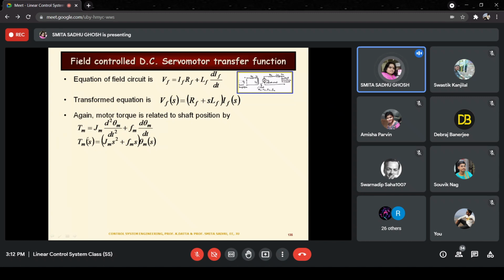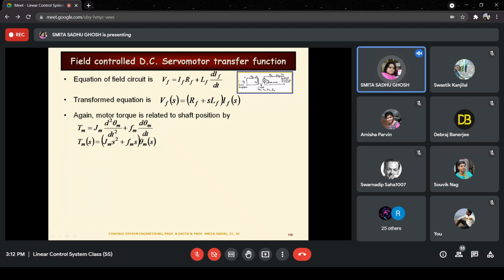Now if we take the Laplace transform, this is what you would get: Tm(s) is equal to (Jm s squared plus Fm s) into theta m(s). Here I can take out s common, which actually means that torque will be proportional to theta m dot, because taking out s amounts to d theta by dt in the time domain expression. But nevertheless, this is what you get.